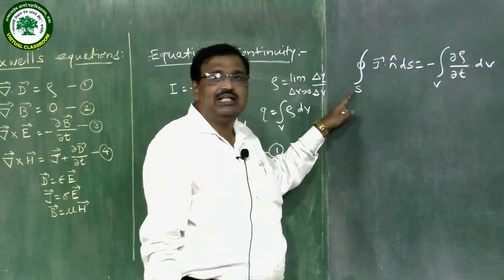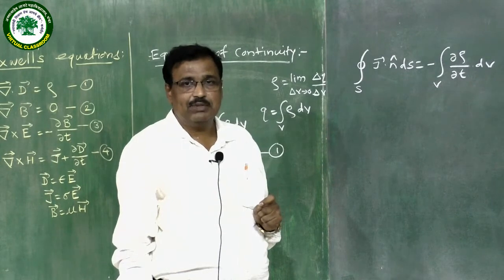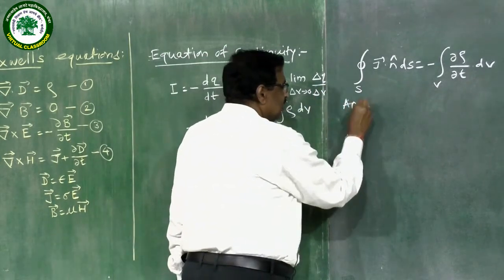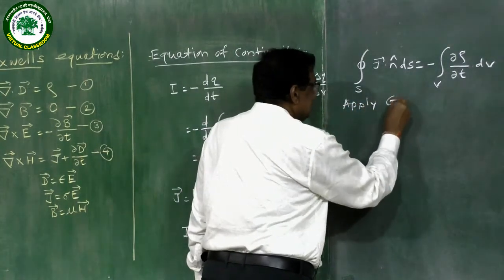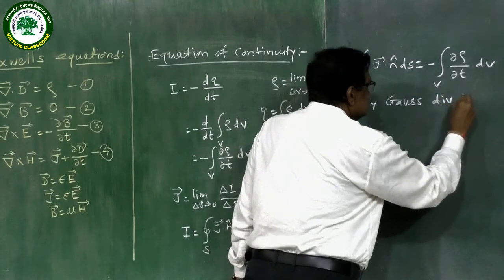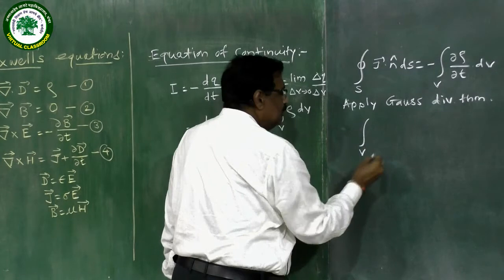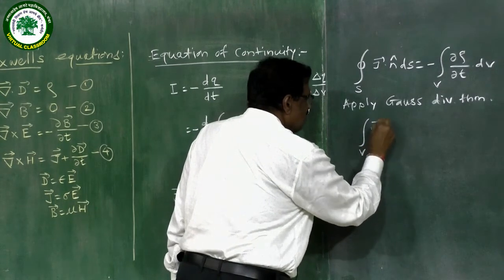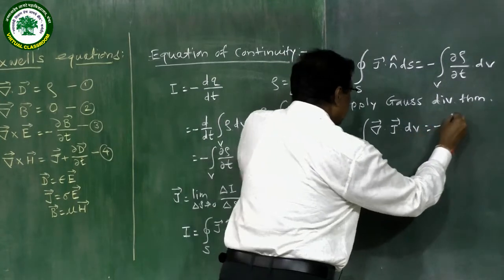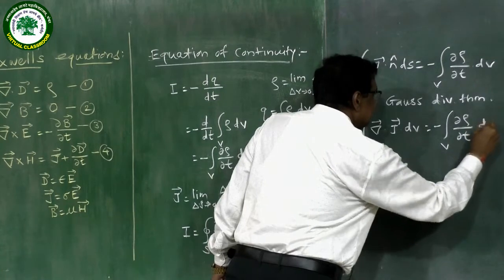This surface integral is easily converted into a volume integral by using the Gauss divergence theorem. So we apply the Gauss divergence theorem here, and the integral is converted in terms of volume, where we have the divergence of that vector: the integral of divergence of J into dV is equal to minus the integral over V of del rho upon del t into dV.